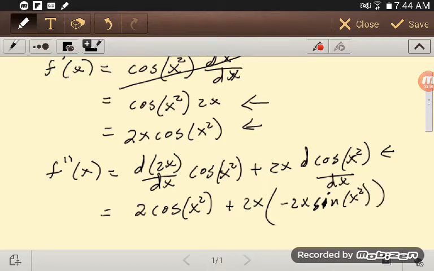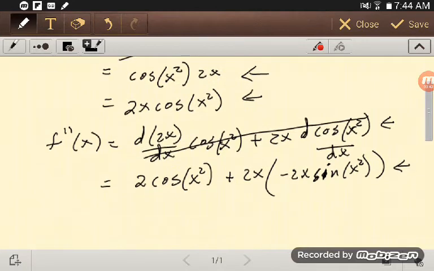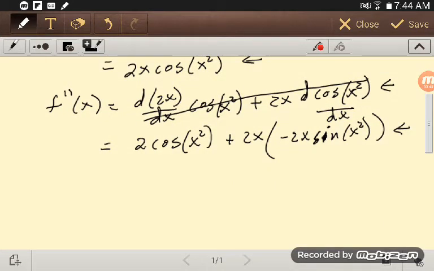Again, if you didn't write that, in this step here, I can still see you are using the product rule.